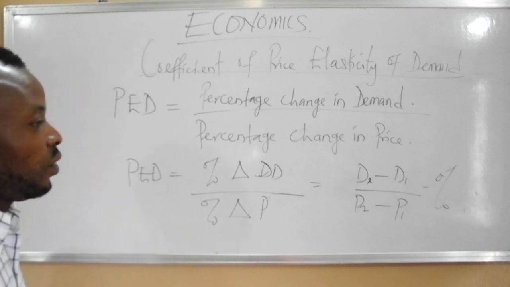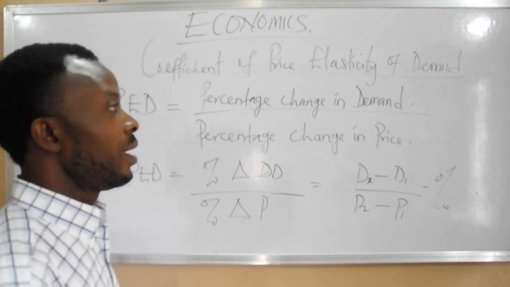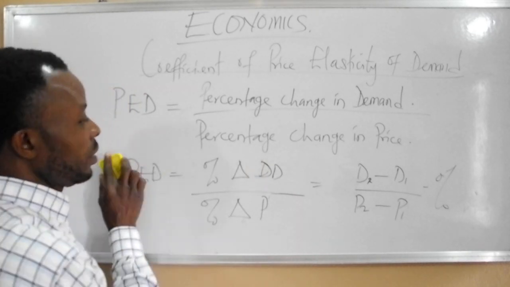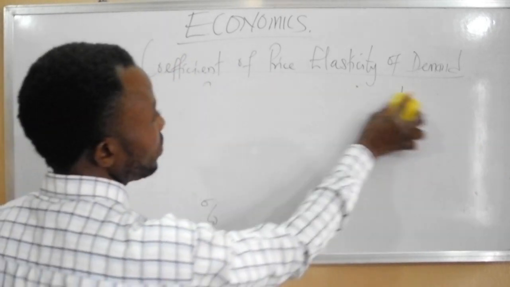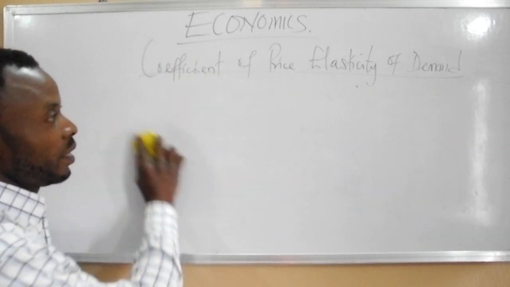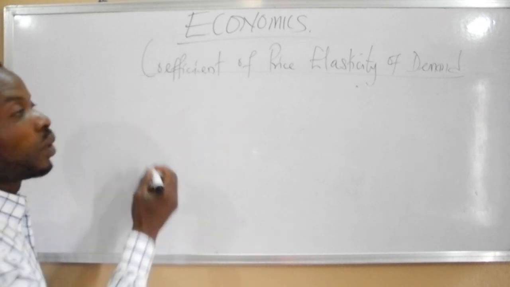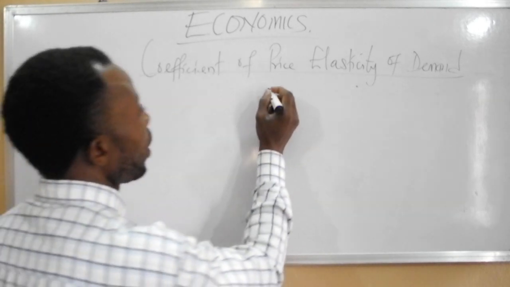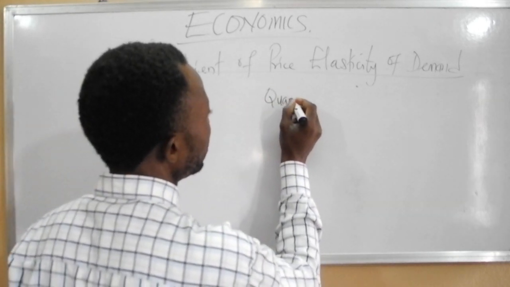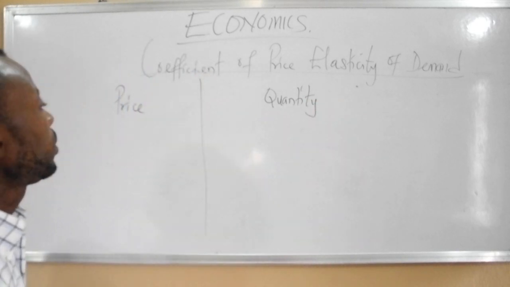Now that we've gotten this formula, let's look at an example. Let's say for a particular product, we have price and quantity.